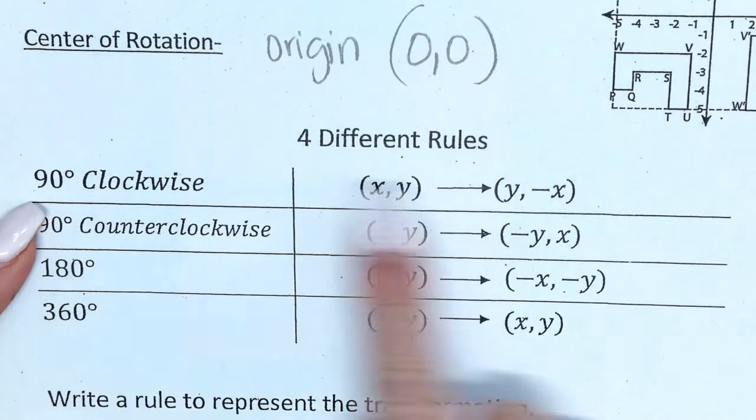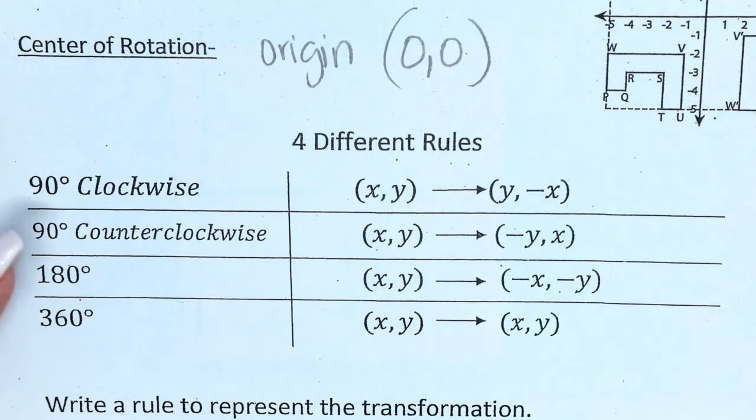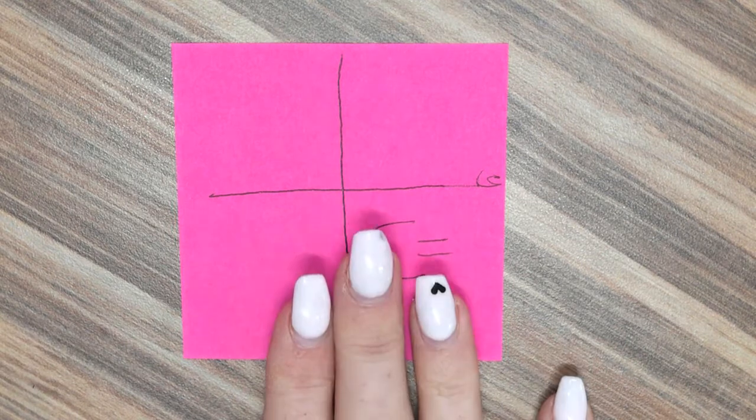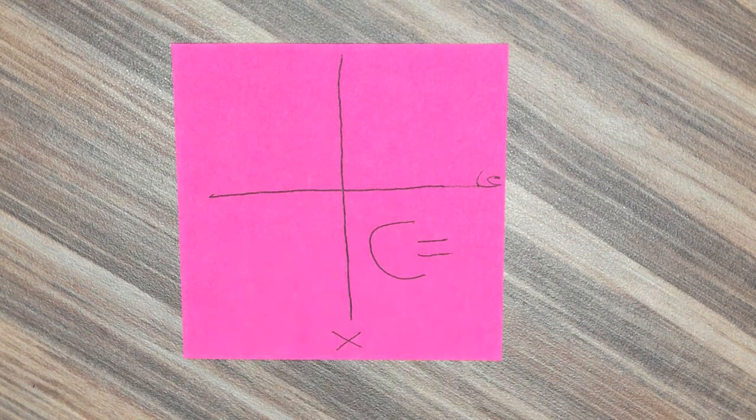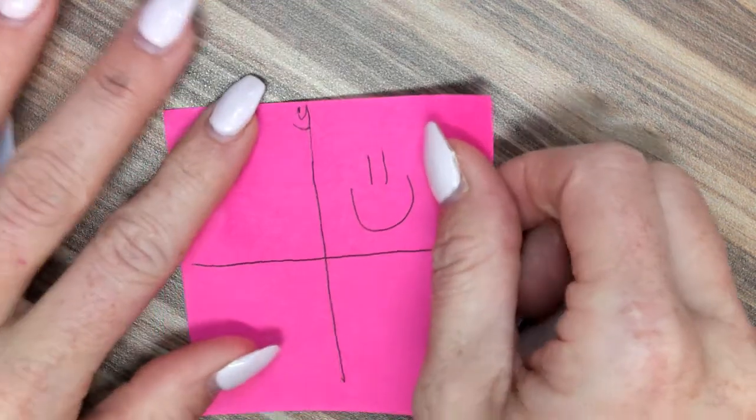So everybody look, 90 degrees clockwise, they switch spots, the y is positive, the x is negative. Make sense? You don't have to memorize these rules if this makes sense to you. So how would I write this rule? Positive y, comma, negative x. Make sense? Yes or no? Put it back to where it came from, and let's try another one.